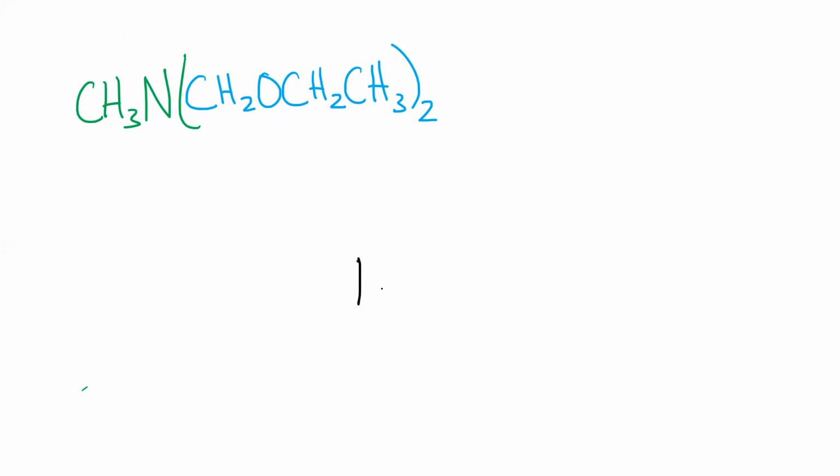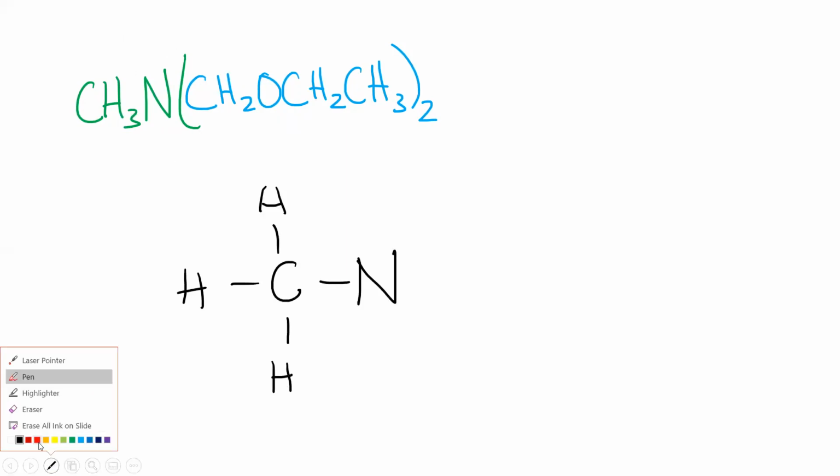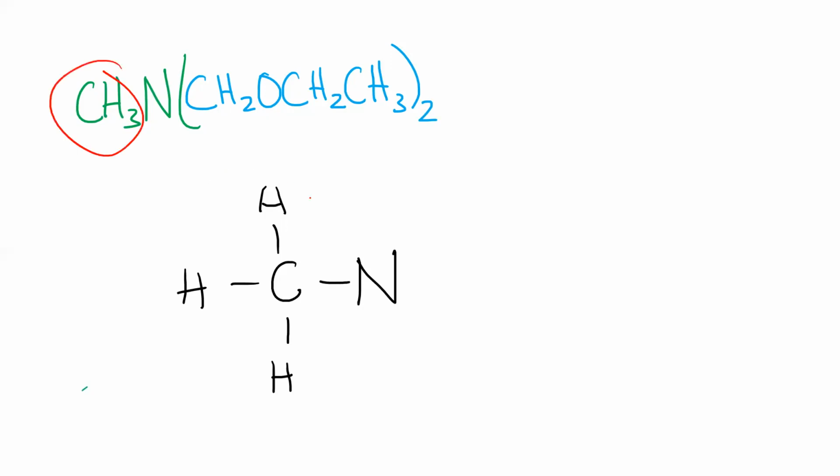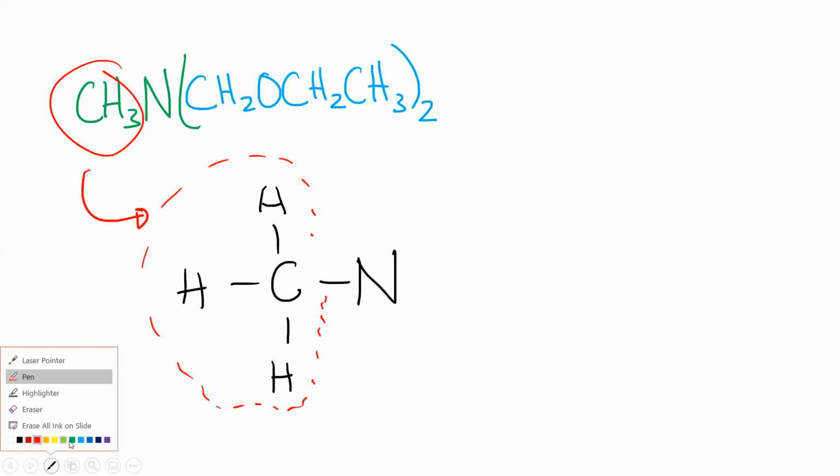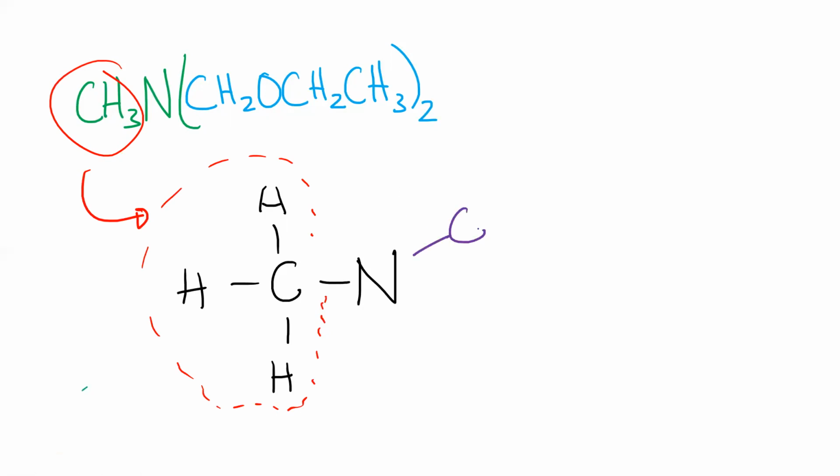So I start out by drawing a nitrogen for myself. Then I'm going to put 1 carbon, a hydrogen, a hydrogen, and a hydrogen, like that. That's the CH3. So this thing here is this thing here, like so. And then I need to draw 2 of those things in the parentheses. So we'll go carbon. I'm just going to first do the chain.